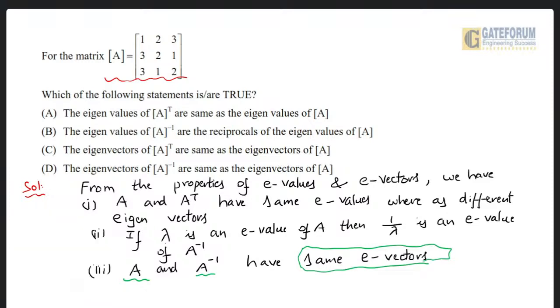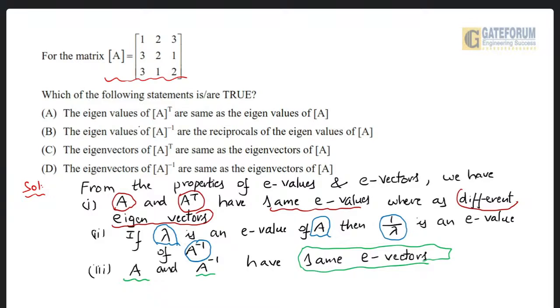What can you conclude? Lambda and 1 by lambda, this is the reciprocal; and A and A transpose have the same eigenvalues but different eigenvectors. That is the meaning. So these are the answers accordingly.